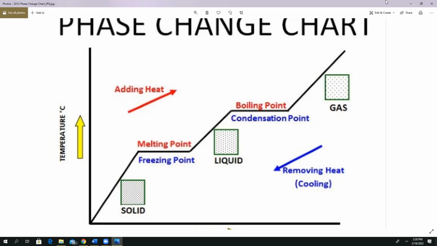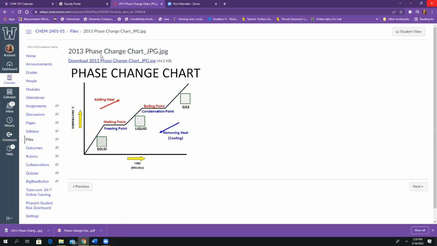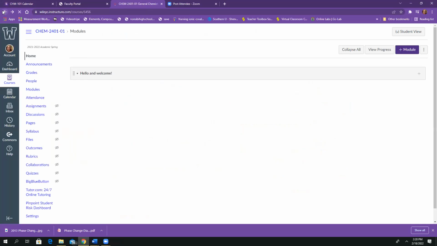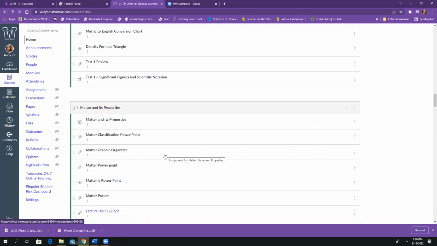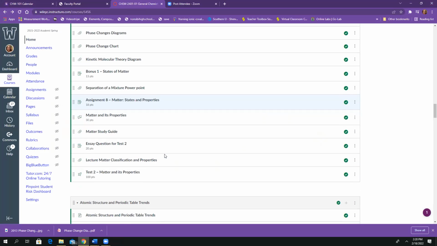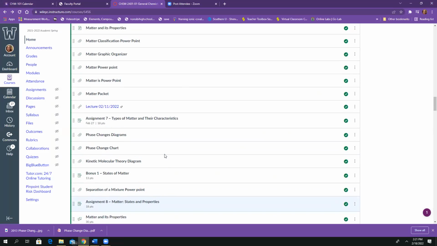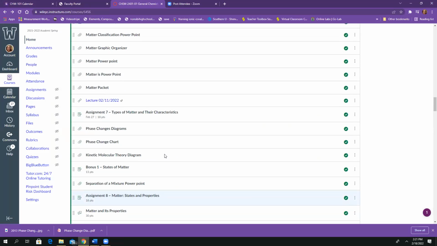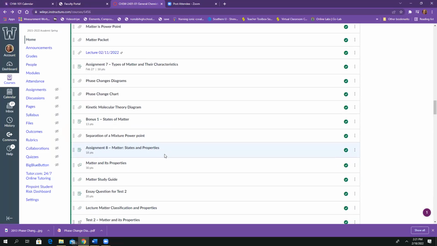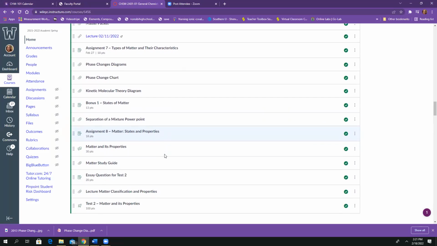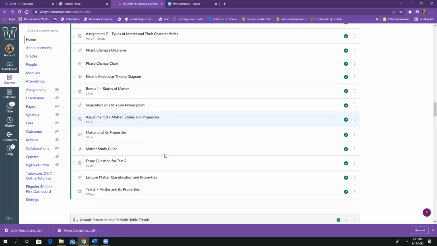Escape, let me go back. Okay, this is not, okay. So that was the last part of this. And the other thing is to one more time look at our phase changes. Let's see. Oh, no, that's not it, sorry.